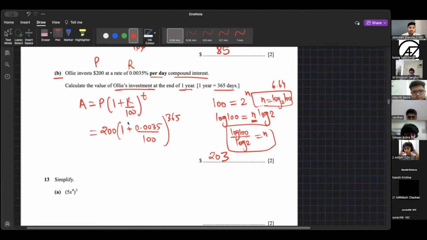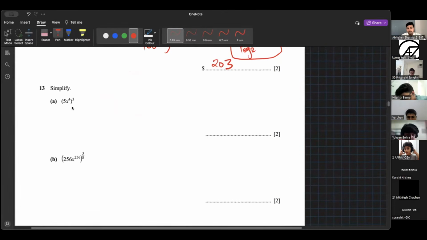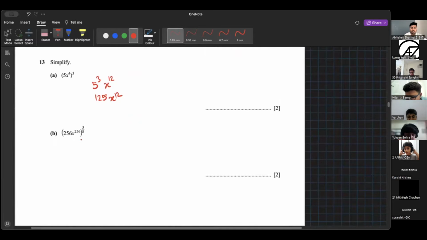Okay, let's move on to question number 13 now. So we have 5x raised to 4 raised to 3. So we can write it as 5 raised to 3, x raised to 12, because 4 will multiply with this 3. So it will become 125 x raised to 12. That's the answer. Clear? Next is 256 x raised to 256 whole to the power 3 by 8. So we can write 256 to the power 3 by 8, x to the power 256 multiplied by 3 by 8.